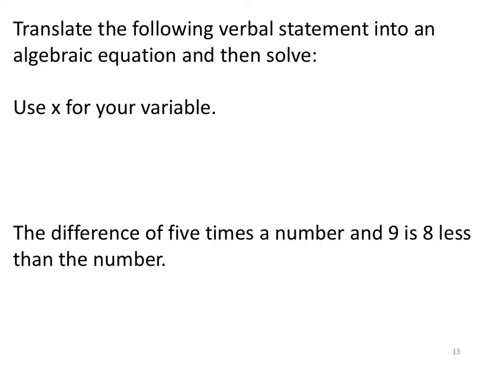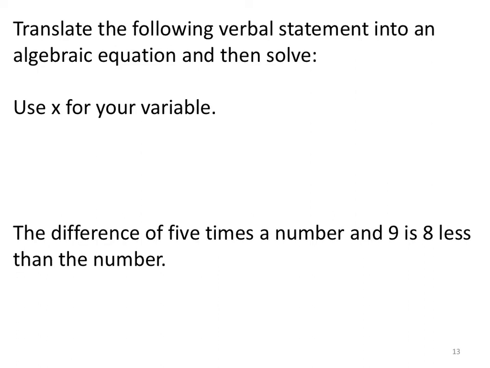Now here's another one. The wording on this one is a little bit different, but it is also going to produce a very similar type of equation. In any case, on this one, the difference of 5 times a number and 9.